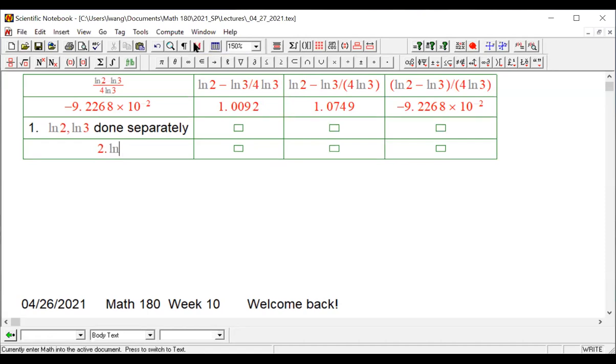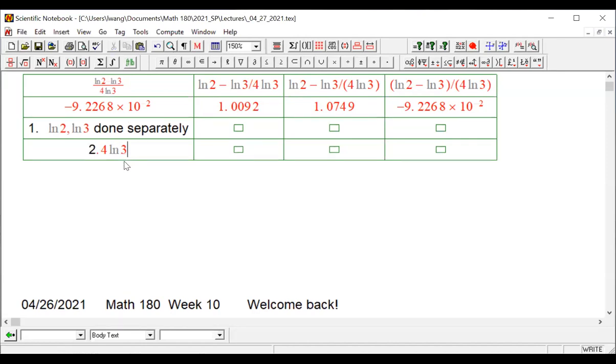Oh, well, we don't need to. 4 times ln3. Oh, sorry. 4 times ln3, okay? Because we got ln3 already, right? So we do 4 times ln3 and ln2. Oh, gee, sorry.